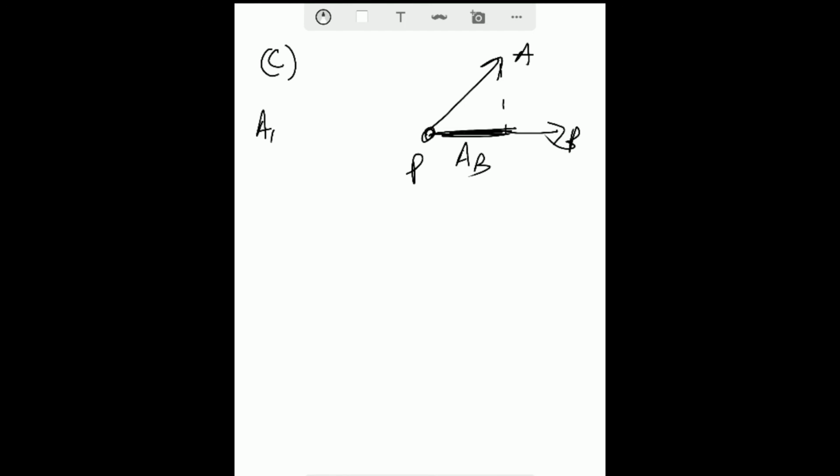So AB is equal to A dot B magnitude, and the direction will be the direction of B. As we need the scalar component, that will be just A dot B.